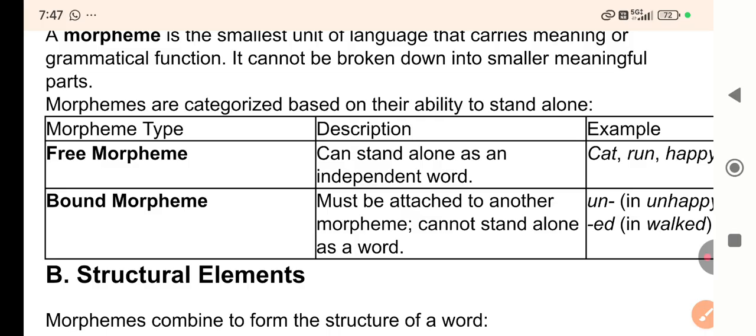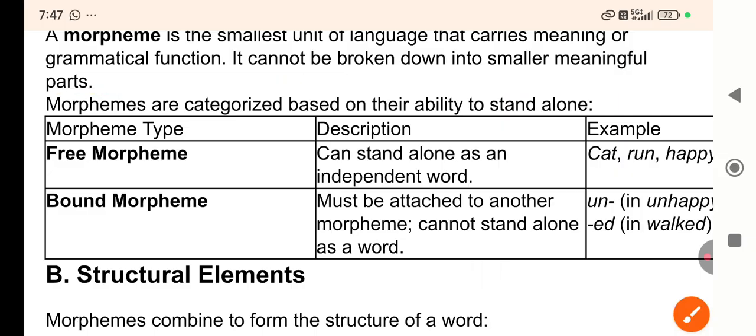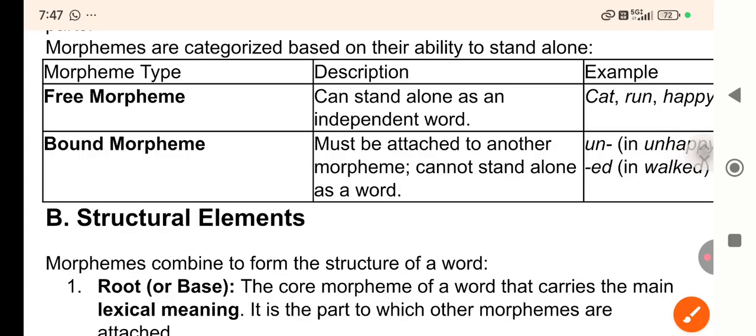It is not like a syllable; it is the final, last constituent of a sentence.